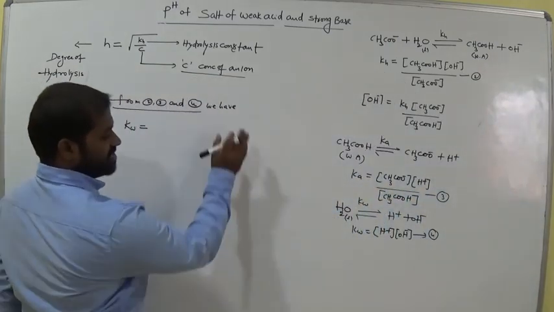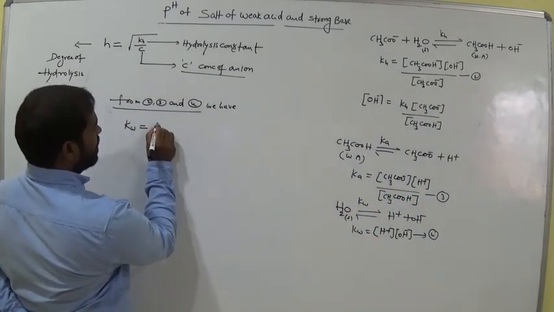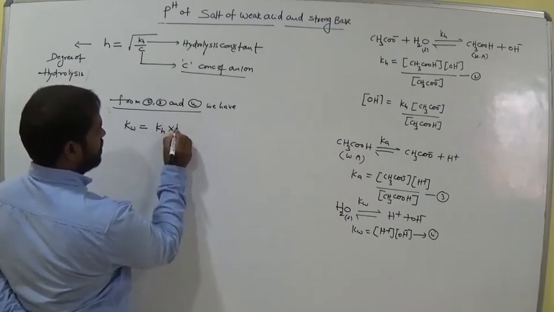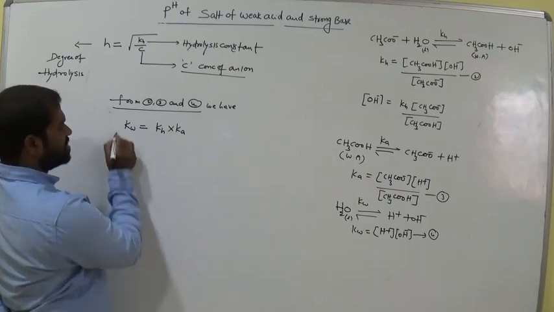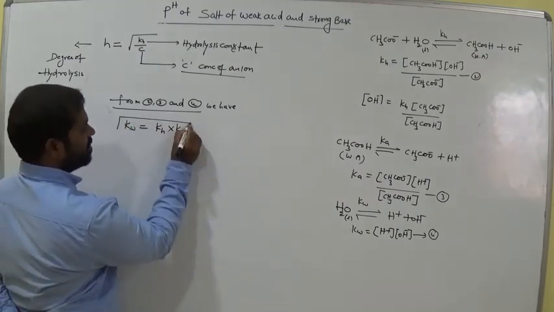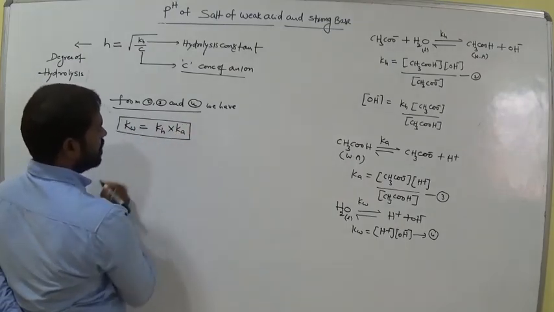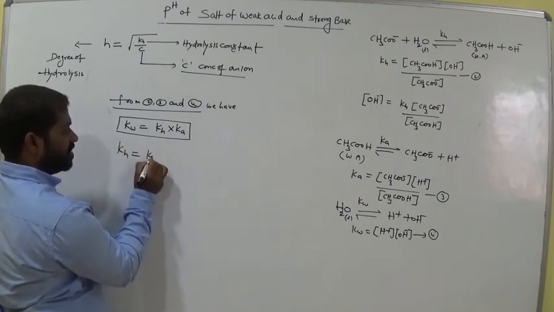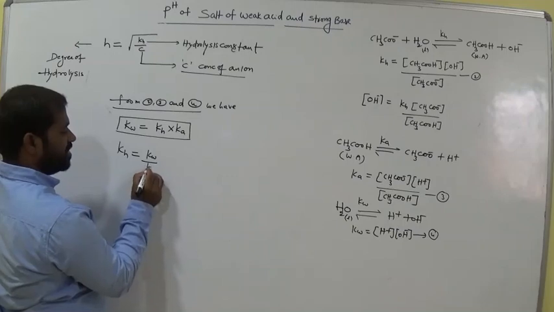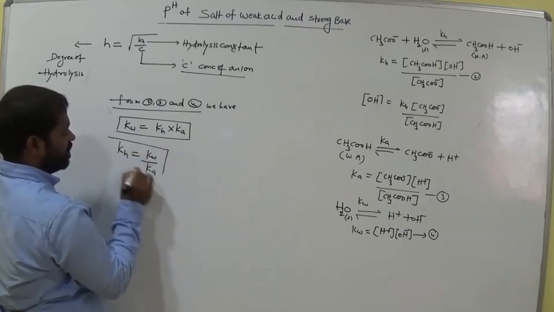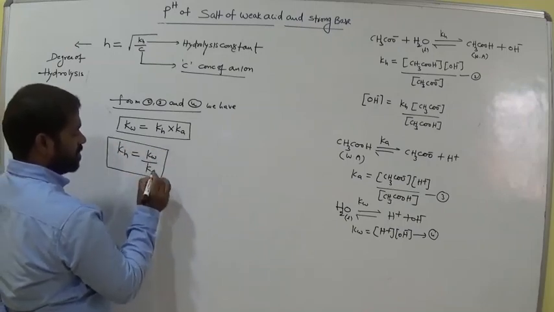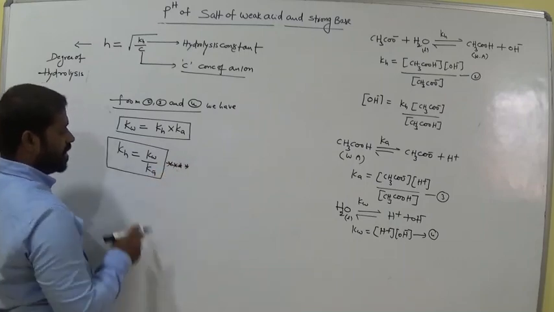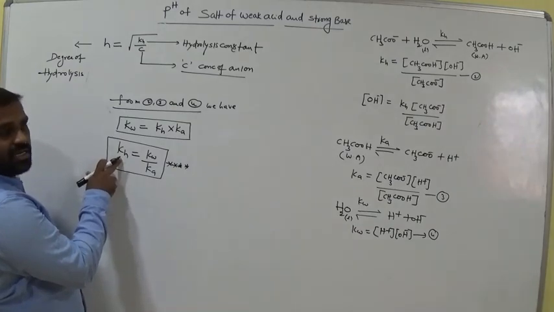Now Kw equals Kh into Ka. This is one of the important relations. Now from this, what is the value of Kh? Kh equals Kw by Ka. Now we have the value of Kh or not? Clear?